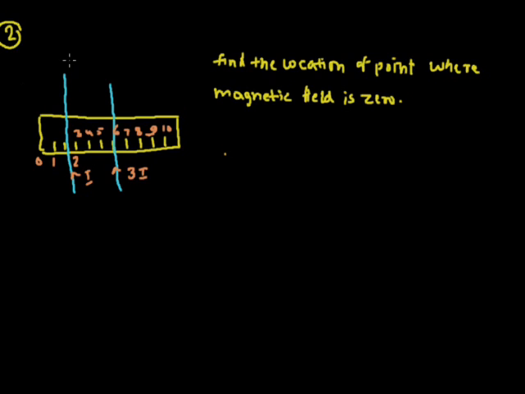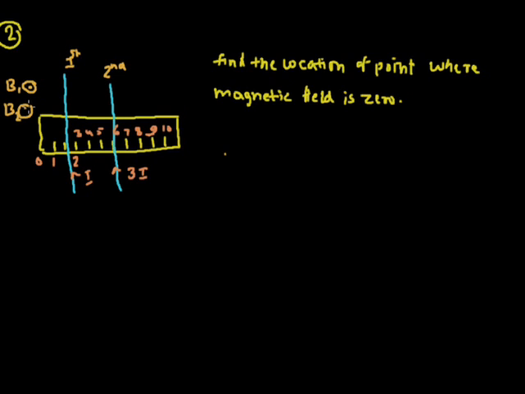Due to this wire, suppose this is first wire and this is second wire. On the left side of the first wire, the direction of magnetic field due to first wire will be outward. Okay, this is the direction of B1 due to first wire, and the direction of B2 is also outward.